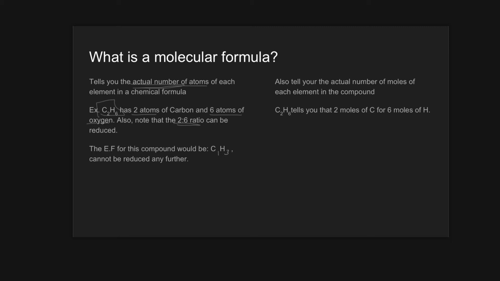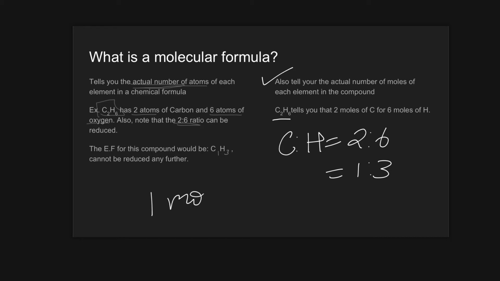And so not only does it tell you the actual number of atoms of each element, it also tells you the exact number of moles. So when you look at this formula C2H6, it means that the mole ratio of carbon to hydrogen is 2 to 6, which is the same as 1 to 3, which means that for every 1 mole of carbon you have 3 moles of hydrogen.